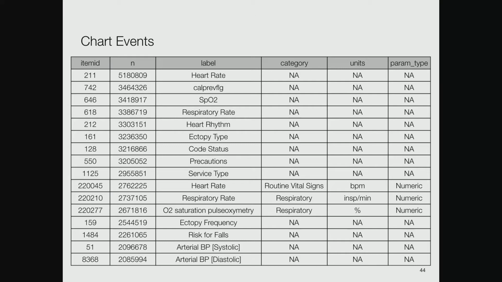Now, you might be troubled by the fact that here's heart rate again, right? But I've already shown you that heart rate in CareView and heart rate in MetaVision were coded under different codes in the joint system that we created out of those two databases.